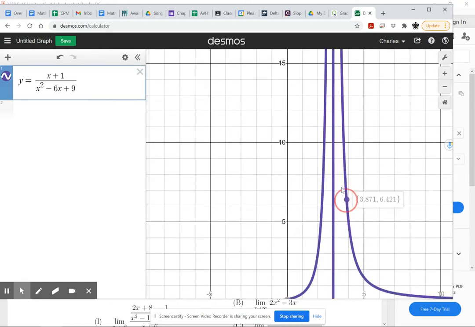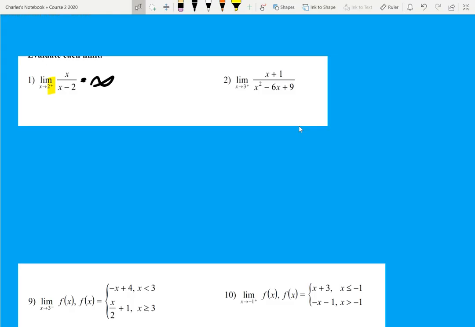So as we're going to 3 from the positive side, by the way, this is x minus 3 squared in the denominator. So it is going to have an asymptote at 3. So it looks to me like this is going to positive infinity. And in fact, it looks like it goes to infinity from both sides, positive and negative on that one.